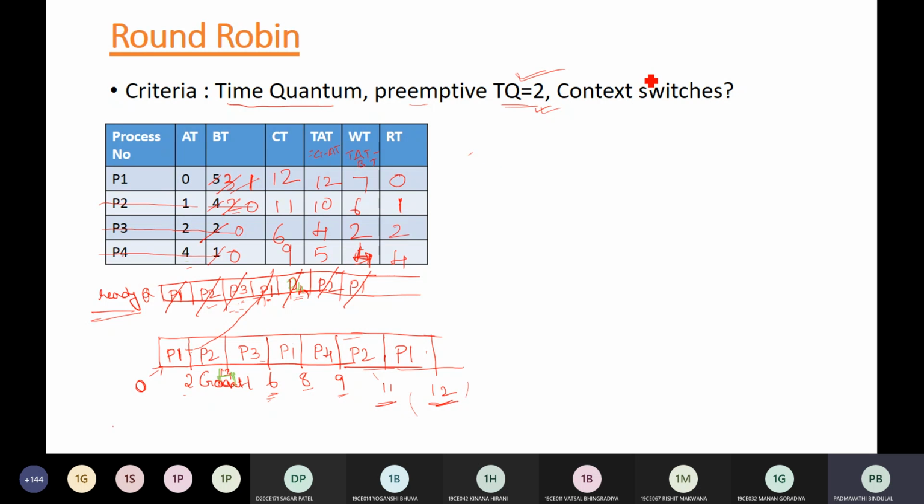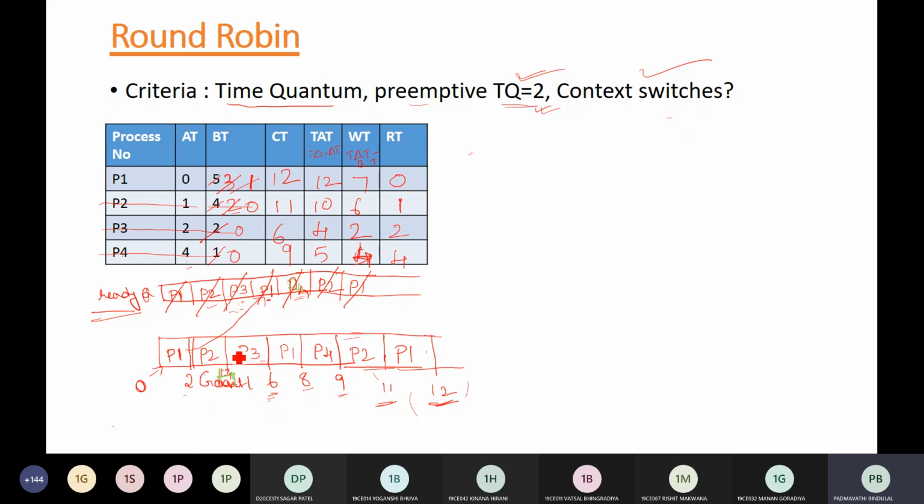Okay, now one more question that will be asked in this type of algorithm is context switches. How many context switches occur when you are executing the following sequence of processes? In that case, whenever you are switching from one process to another process, you consider it a context switch.